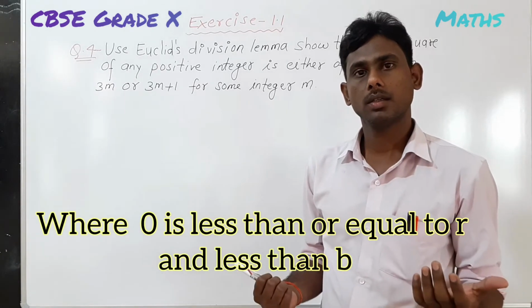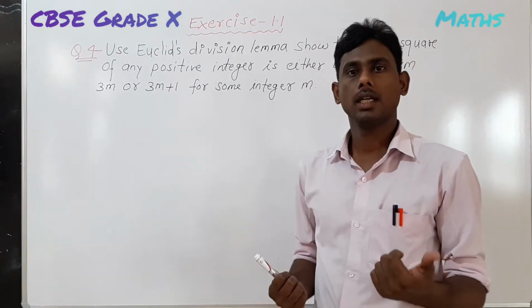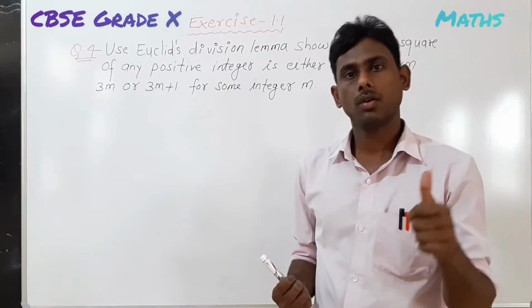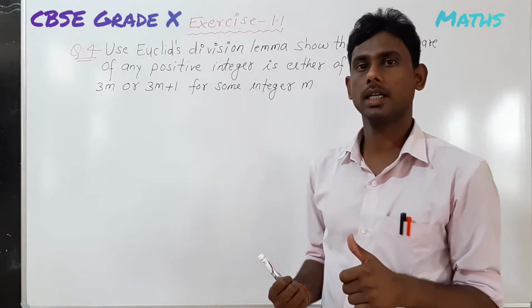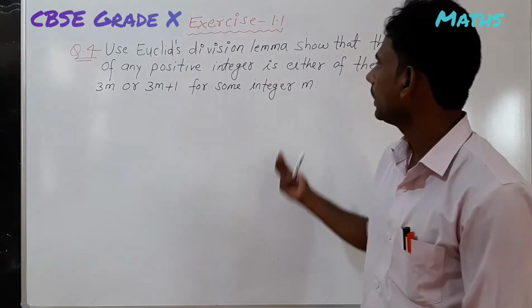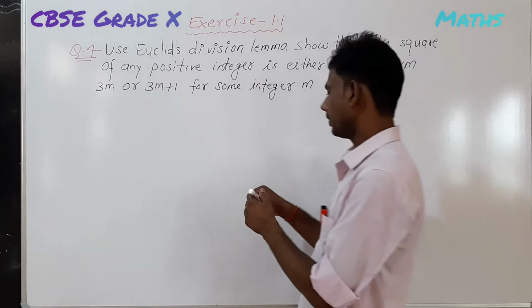Here a means dividend, b means divisor, q means quotient and r means remainder. So with the help of Euclid's division lemma, we have to solve this question number 4. Let's see the solution.